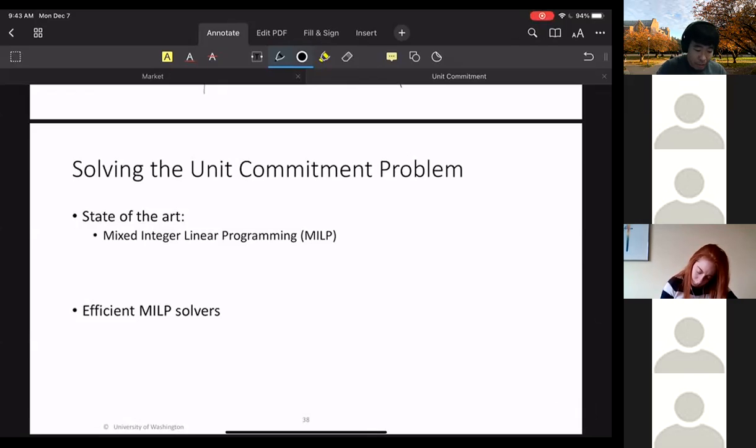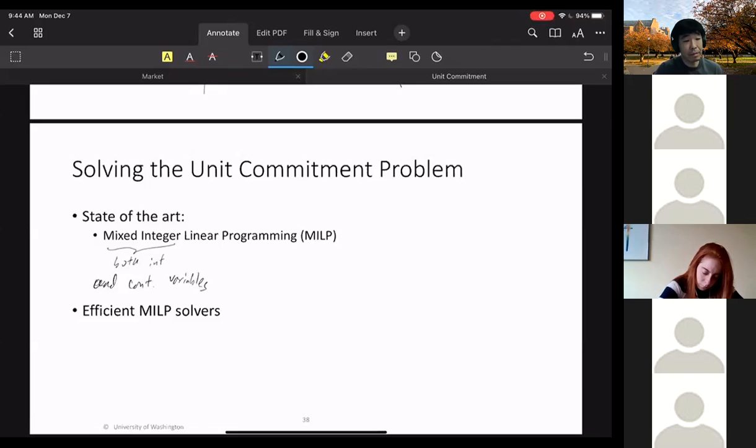So there's reasons for all these names. So mixed, right? The word mixed comes from the fact that we have mixed integer, so this is both integer variables and continuous variables. Right?